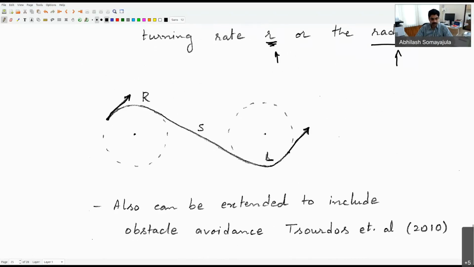Yes, sir. Okay. Now the idea is that I'll first form a circle of the sharpest turning radius that I can form around this path. Okay, so this path will be the tangent to that circle which I form. Similarly, I'll also form a circle where the final orientation is a tangent to that circle.